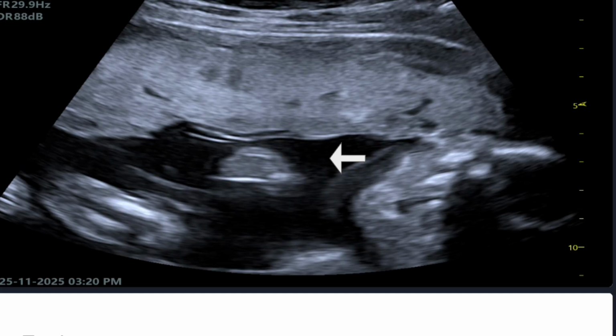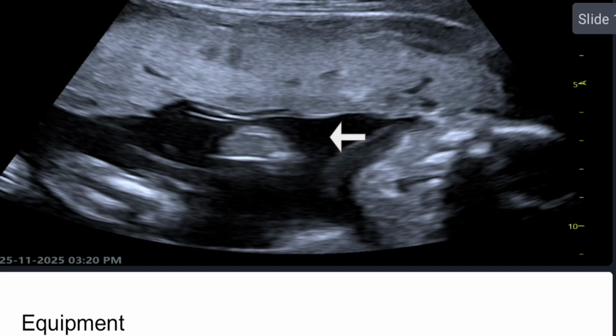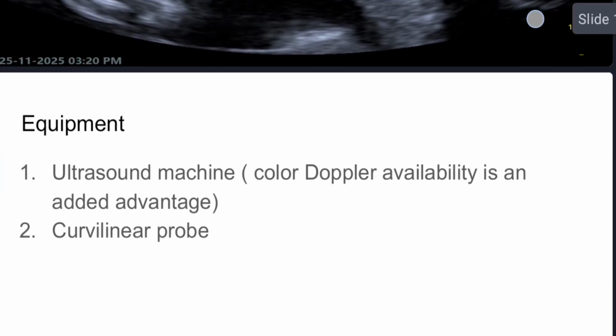In a situation like this, if this is the predominant kind of image we are getting from the different quadrants of the abdomen, one would want to objectively assess how adequate this amniotic fluid volume is.